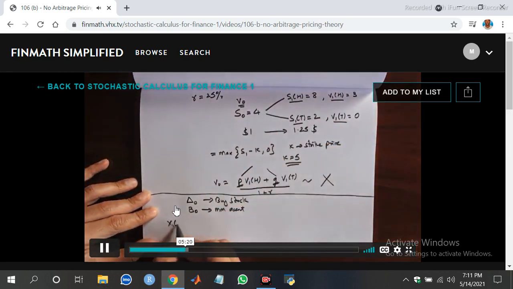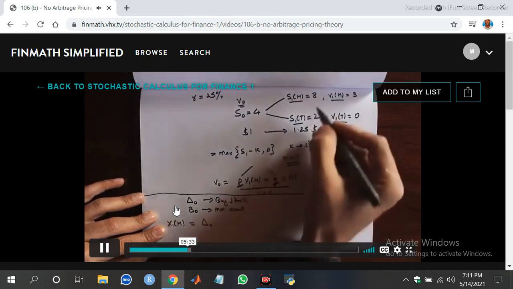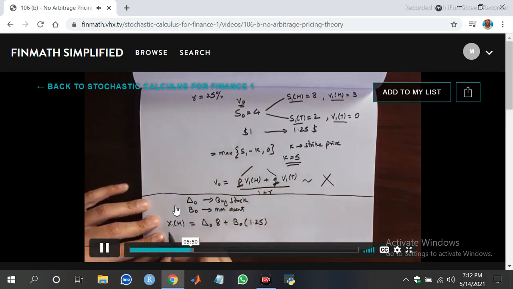The value of the portfolio, which I'm going to denote by X1, if we get a head, would be delta 0, the number of stocks that I had, times the value of the stock now, which would be 8, plus B0, the money that I put in my money market account, which would grow by a factor of 25%, which is 1.25. Likewise, if I toss a tail, the value would simply be delta 0 times the value of the stock, which is 2 in this case, plus B0 times 1.25. This is my stock position, and this is my money market account.